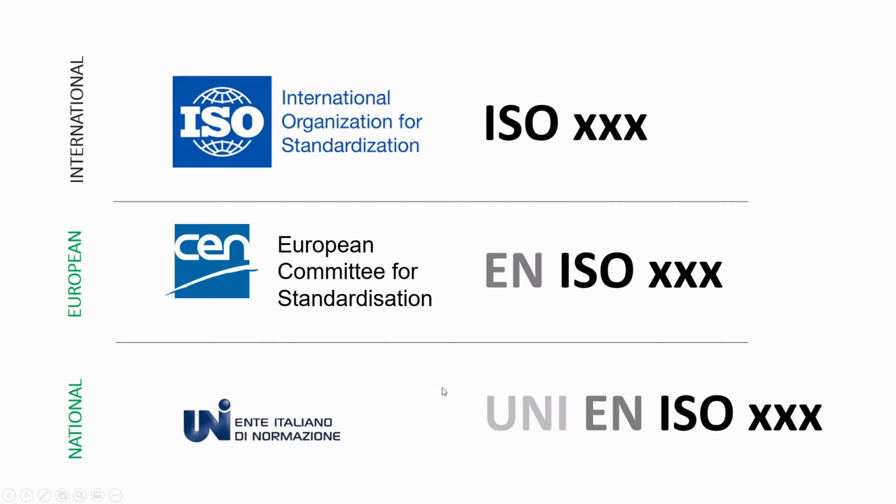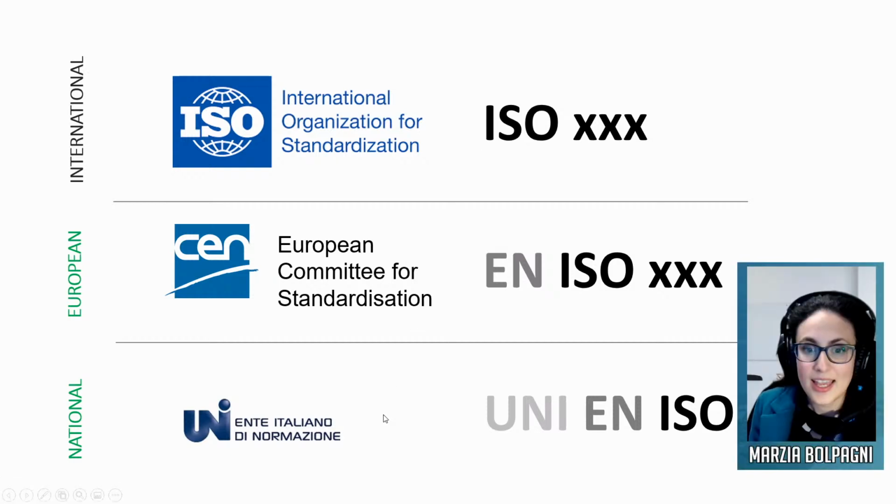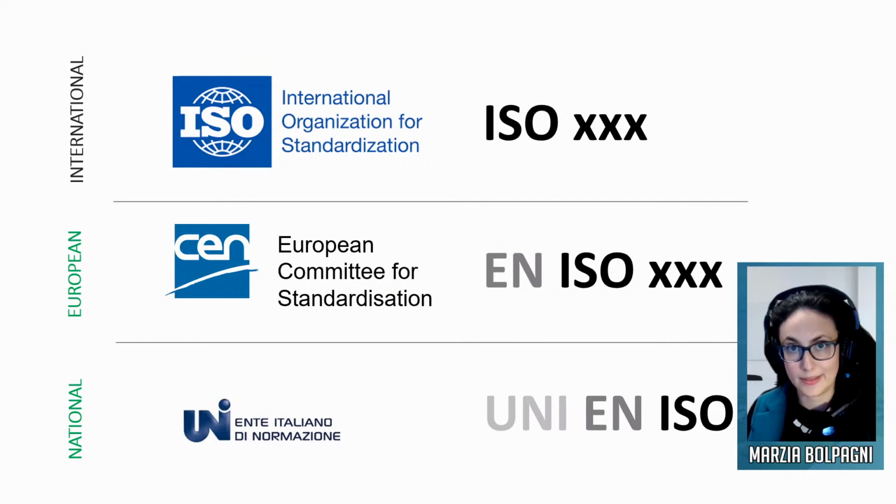Why do I say that? Because people have this perception that all the standards are the same. But I'll give you an example with ISO 19650. In the UK, they created an appendix to Part 2. So it's really important, also for you as a user, to understand which version we are referring to: the more generic one at international level, the European one, or the national level, which can also have a national appendix.